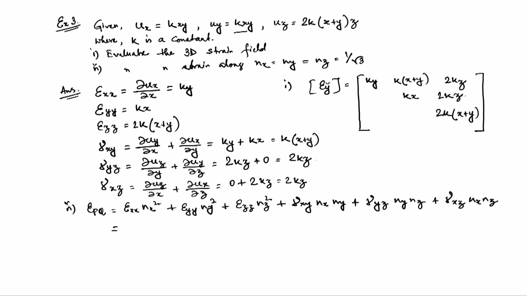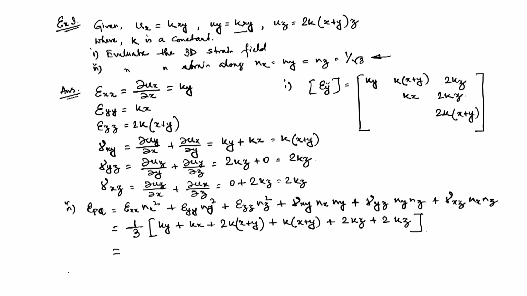And if we put the expression of direction cosines, this is 1 by root 3. So, we can take 1 by 3 common, and then within bracket we have ky plus kx plus twice k x plus y plus gamma xy, it is k times x plus y plus twice kz plus twice kz.